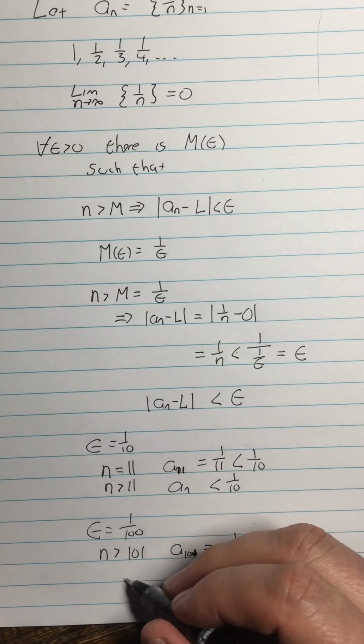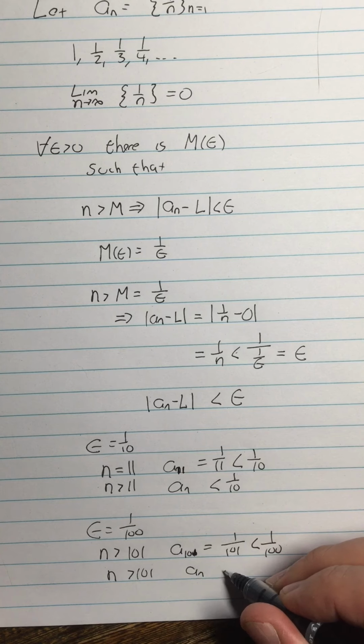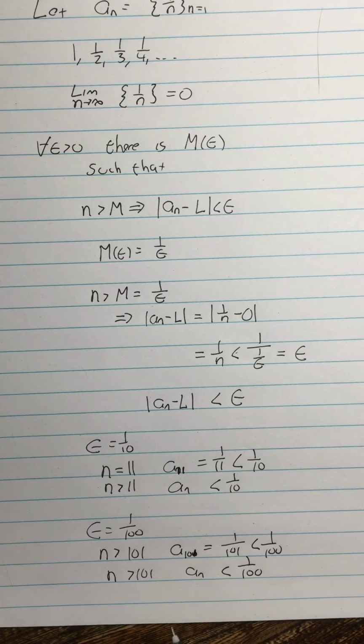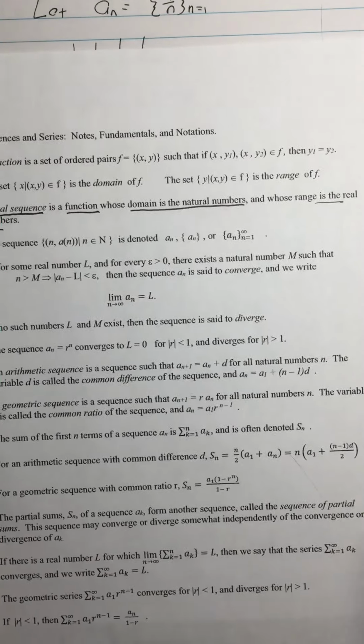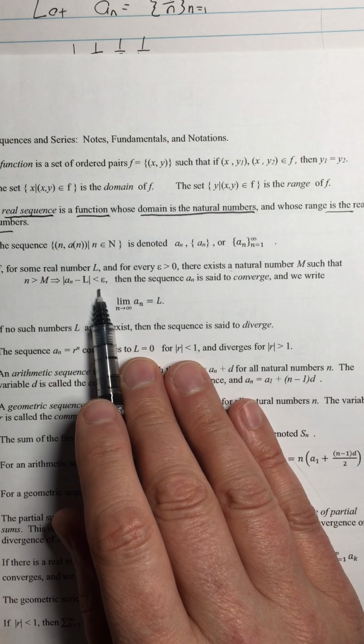And in fact, for any n greater than 101, a sub n is going to be less than 1/100th, because these a sub n's are just getting smaller. All right, so that's generally how this works, and I wanted to just run through this epsilon definition of the limit of a sequence.